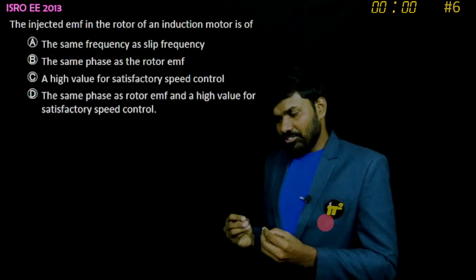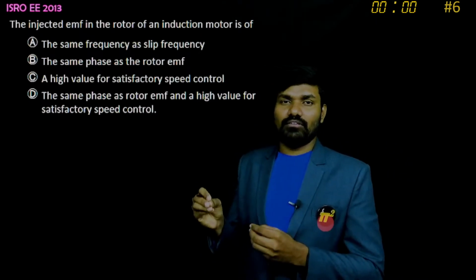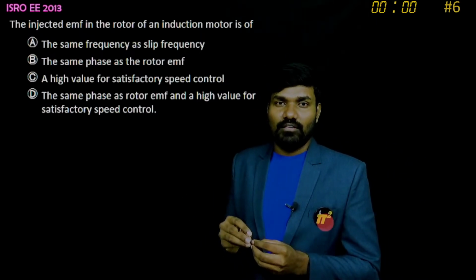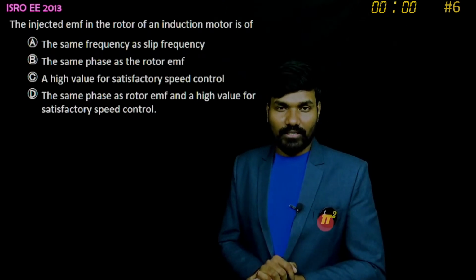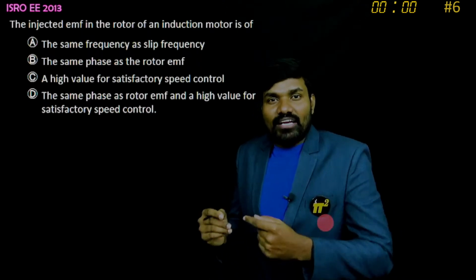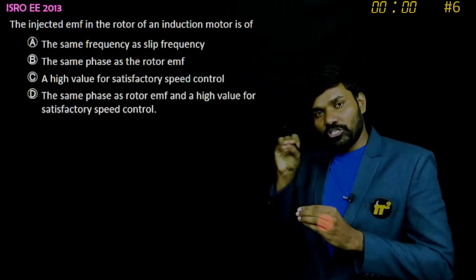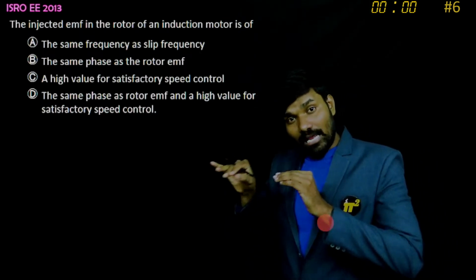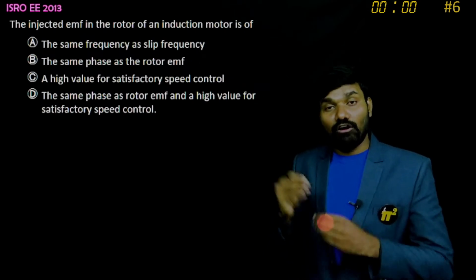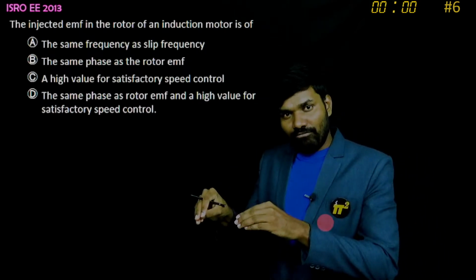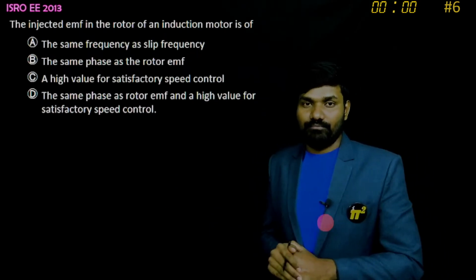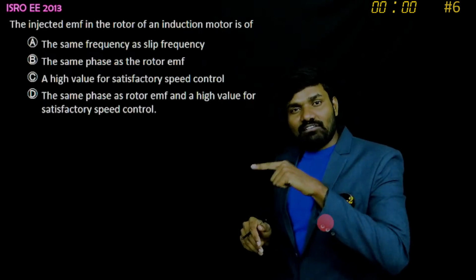Basically, this EMF injection method is used for speed control. If you want to increase the speed of the rotor, you inject the EMF in the same phase as the rotor EMF. The rotor EMF has some phase angle.